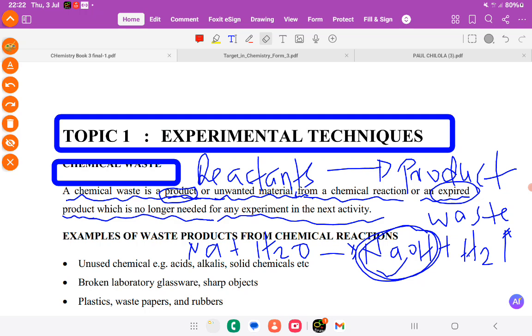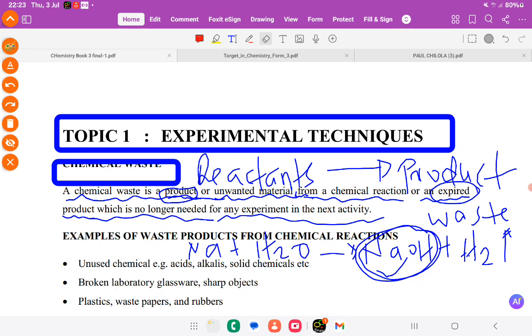So expired chemicals, expired products belong to chemical waste. In most cases, expired chemicals may not produce positive results when used in any chemical reaction, so they need to be disposed of.